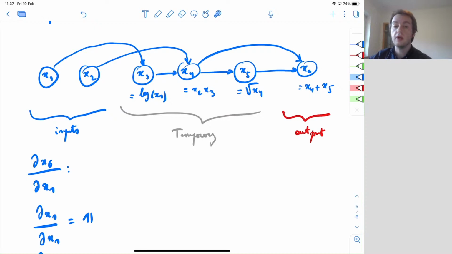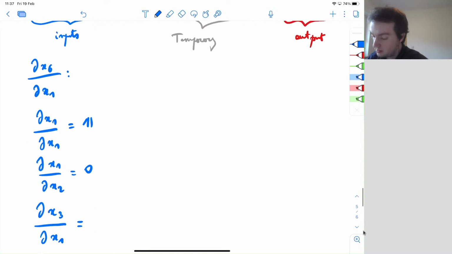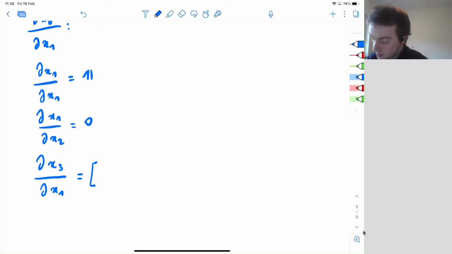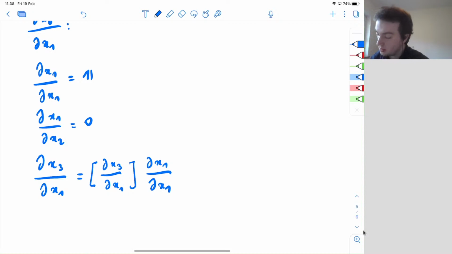So that sum that we had in the recursive update, in the forward update, has only one term, and this term is x3 times x1 over x1 times x1, right? And this quantity here is something that we know from the previous iterations, and it's this one here.